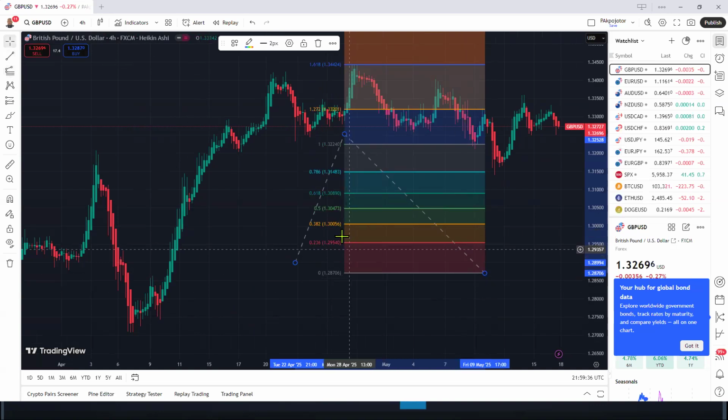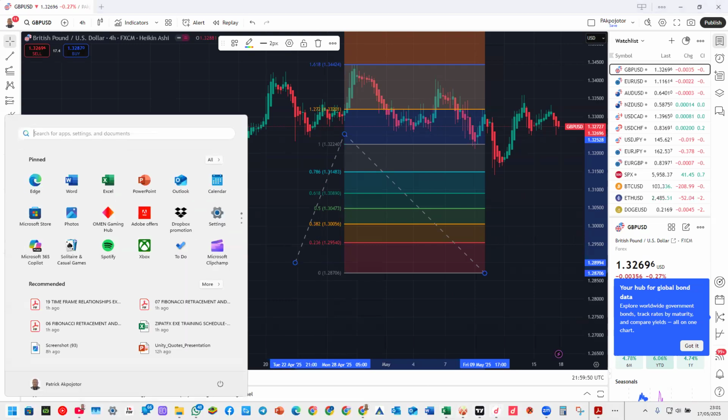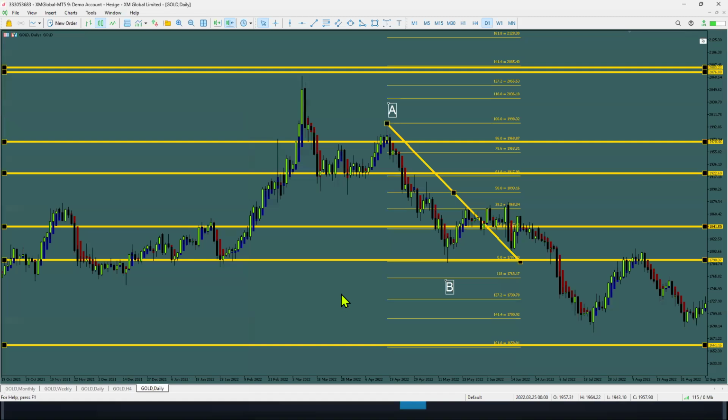Everything I'm doing on MT4 now, I can also do on TradingView. But me, I'm not too friendly with using TradingView. That's why I prefer using MT4 and MT5. There are people that are specialized, they love TradingView, they use TradingView.